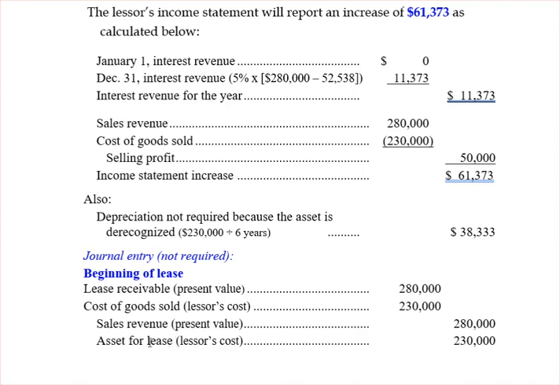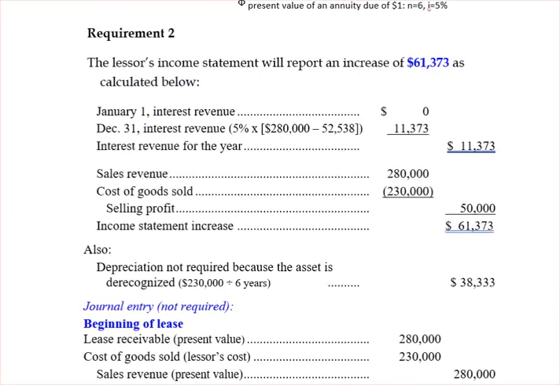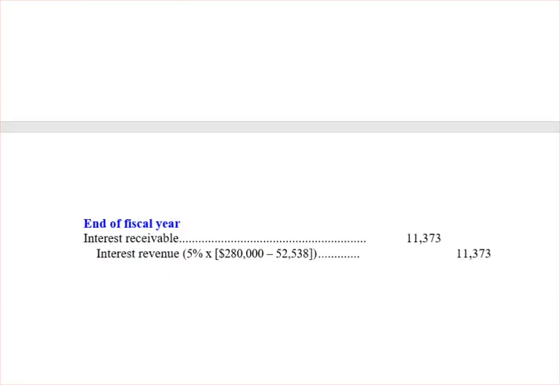It's inventory, folks. This is inventory. You're taking inventory off your books and you're recording sales. Instead of accounts receivable, it's lease receivable. What is the value of the lease receivable? The lease receivable is the present value of the streams. And then at the end of the year, we are going to have some interest that needs to be accrued.